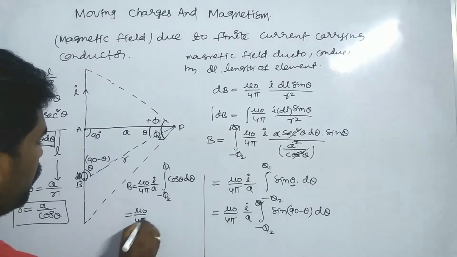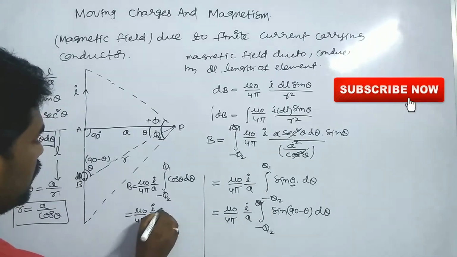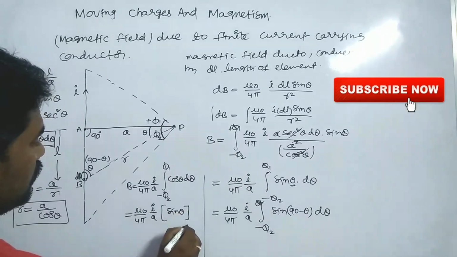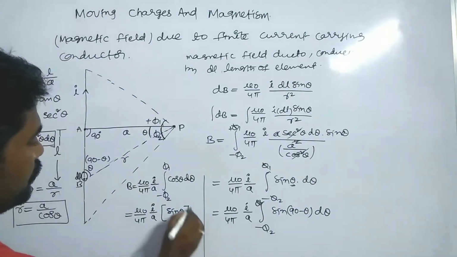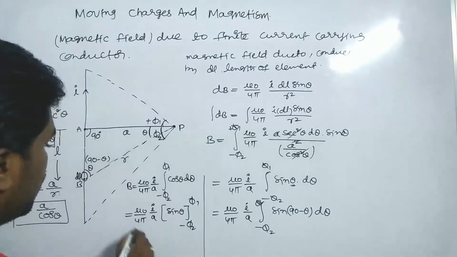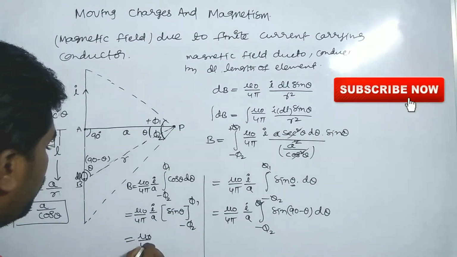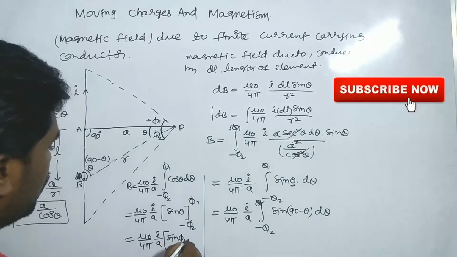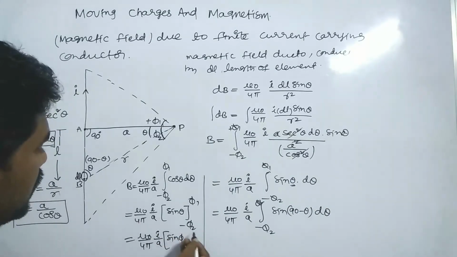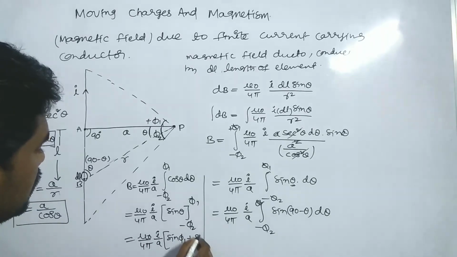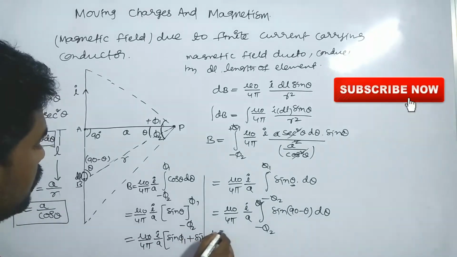Mu naught by 4 pi I by a, it is sin theta, limits of minus phi 2 to phi 1. Now let us substitute the limits. Applying the limits, mu naught by 4 pi I by a, sin phi 1 minus of minus sin phi 2, minus into minus plus, there is sin phi 2.